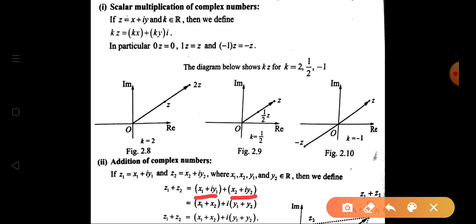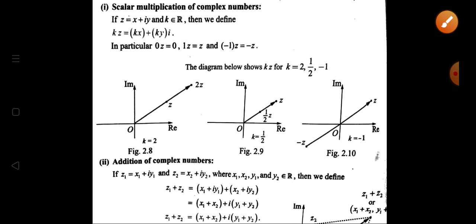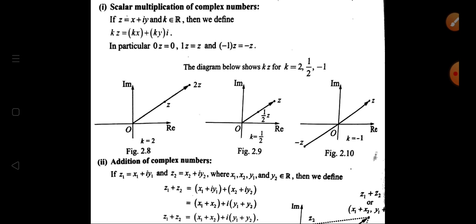That is, we have to add the real numbers, that is x1 plus x2, and next we add the imaginary parts, that is y1 plus y2. So the answer is x1 plus x2 plus i into y1 plus y2. Okay, this is addition of complex numbers.